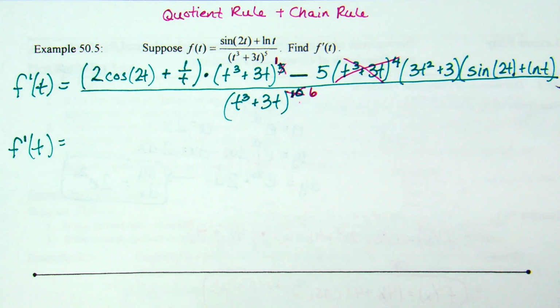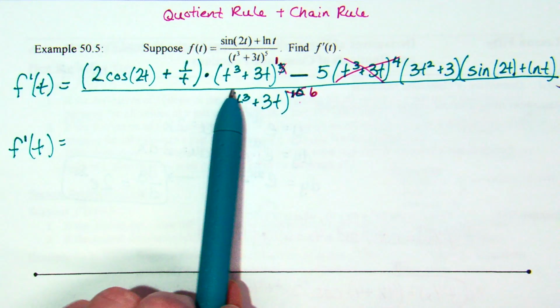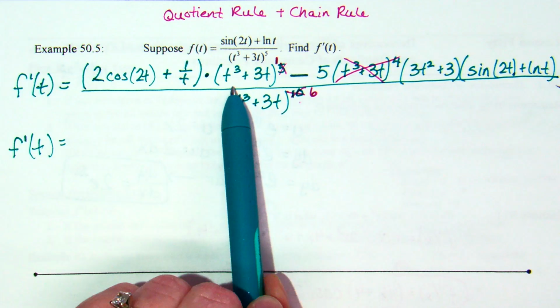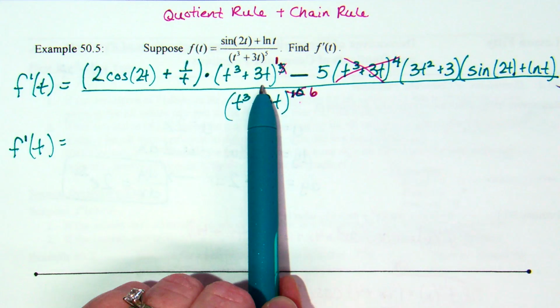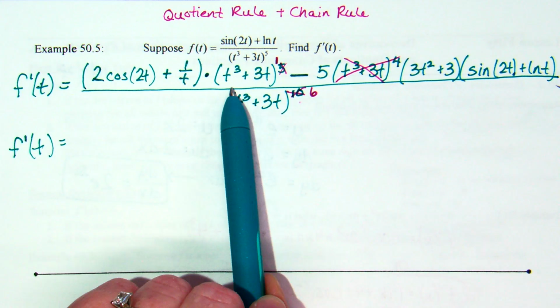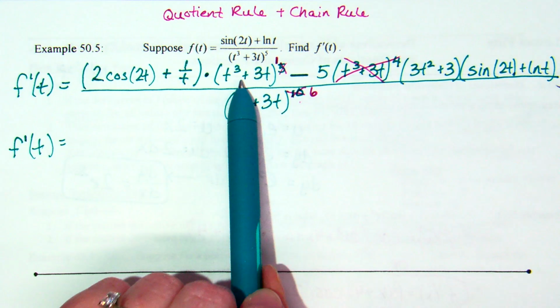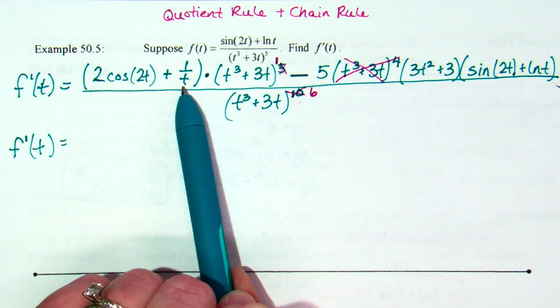Okay. As we look at this first term up here, what do you notice about t cubed plus 3t? There's a GCF of t. Now, I'll be honest, it's not as important in my other ones, but in this one, that t is going to be important because a fraction within a fraction is not a very friendly answer.